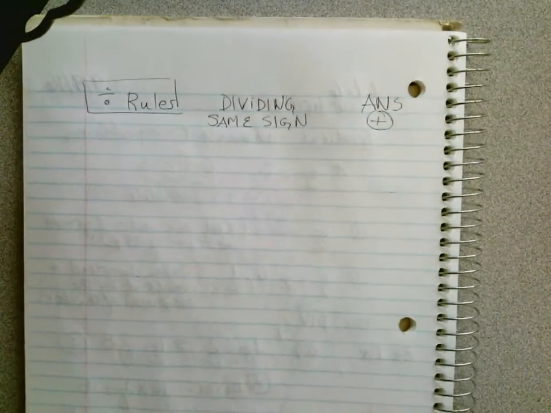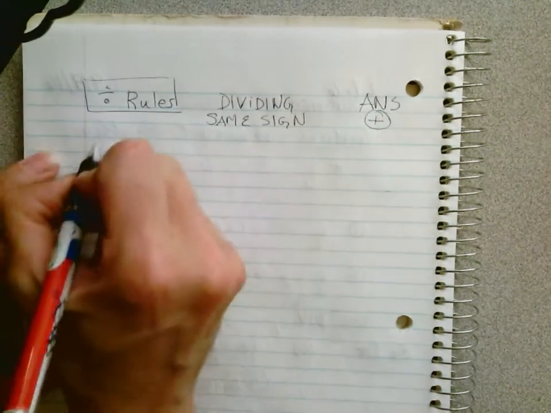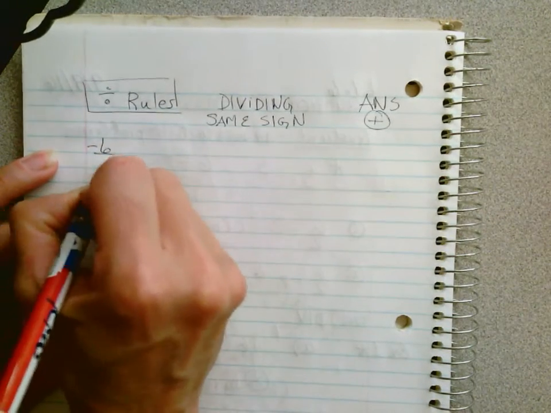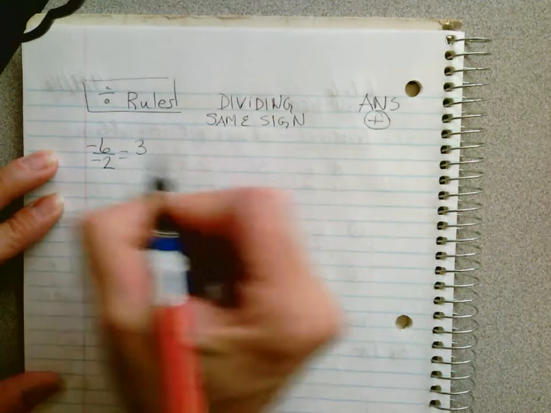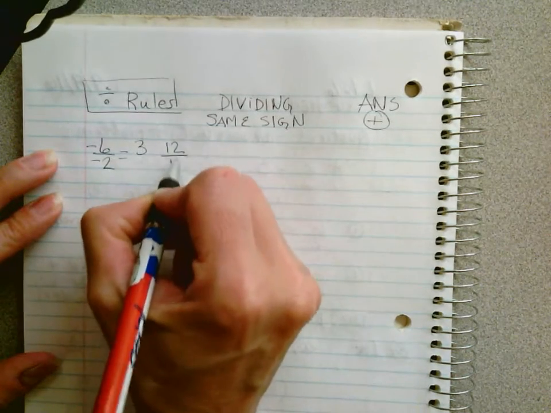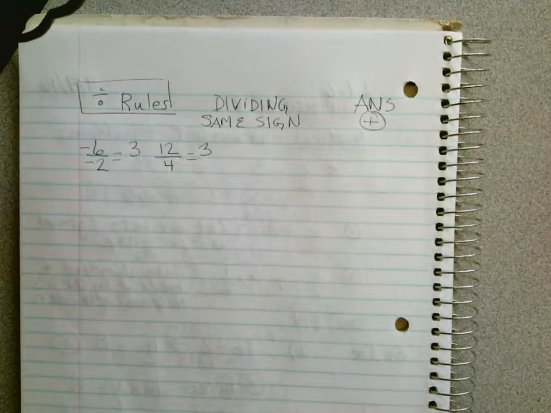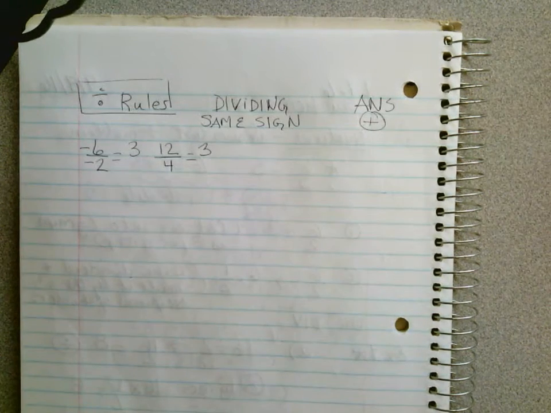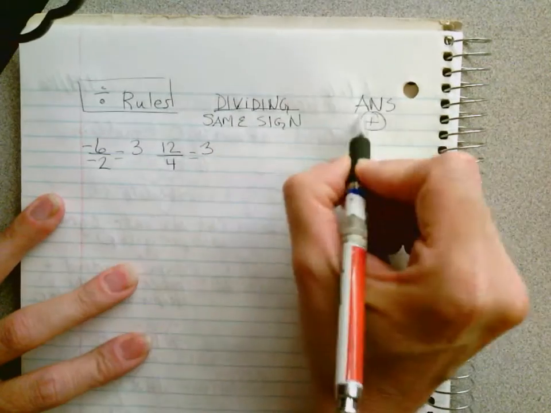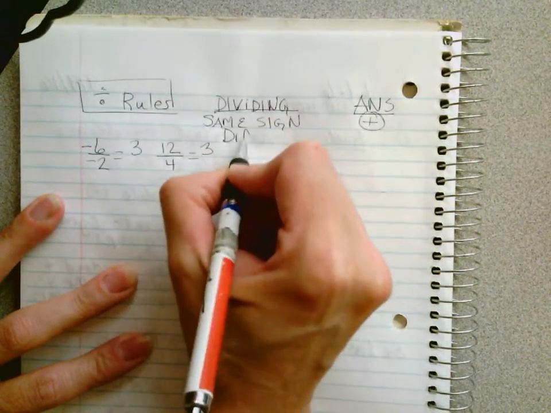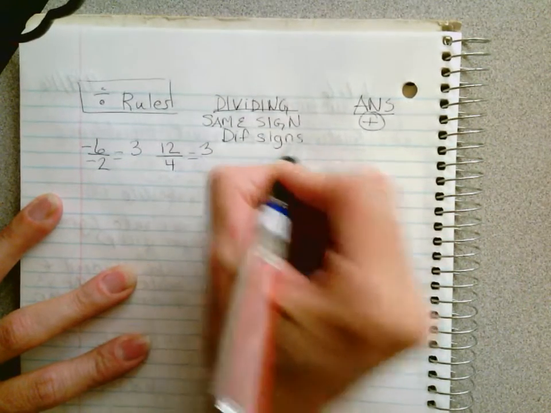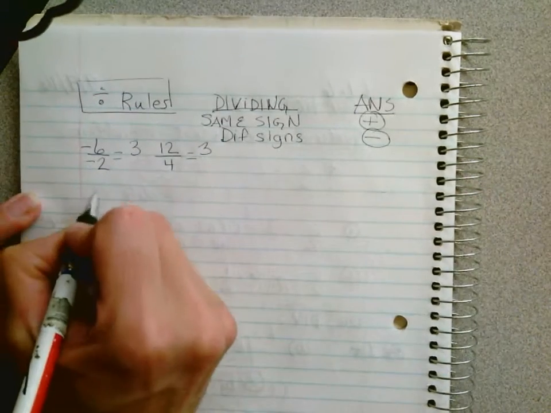If you divide the same sign, it's always going to be positive, right? -6 divided by -2, we learned, is a 3. +12 divided by +4, we learned, is still a positive. Those are just a couple of examples. In contrast, if you have different signs, your result is a negative.